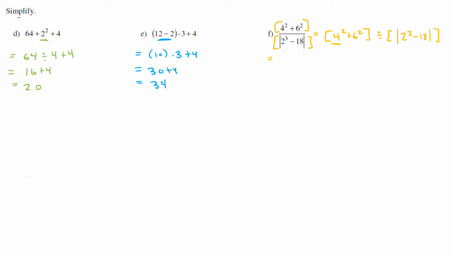So first thing here, I'm going to do 4 squared, so 16 plus 6 squared, divided by, just bring everything else down, absolute value, 2 cubed minus 18. And then we've got 16 plus, the next thing in our bracket is 6 squared, so 36, divided by, bring everything else down. And then still inside that bracket, I've got one more thing I can do.